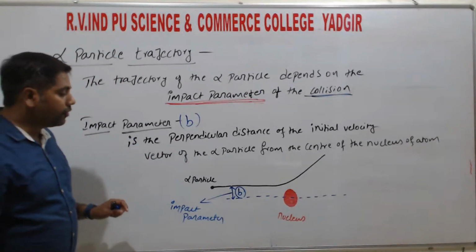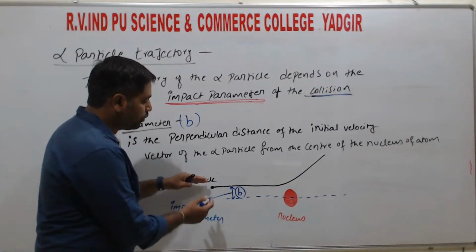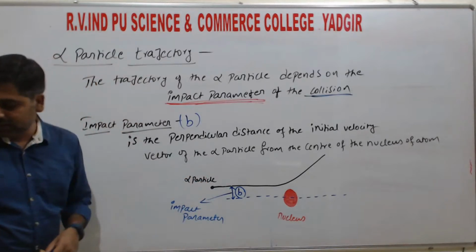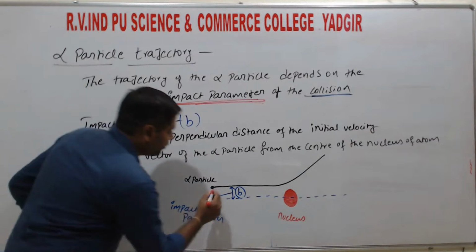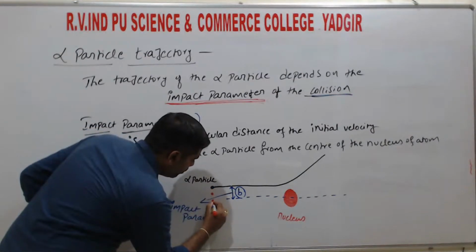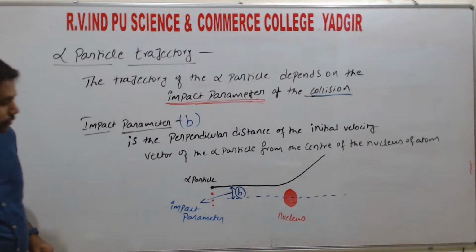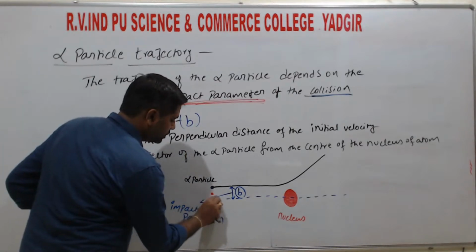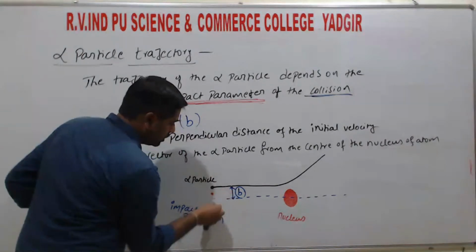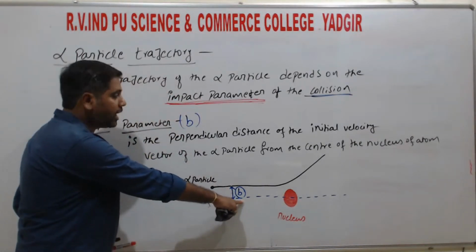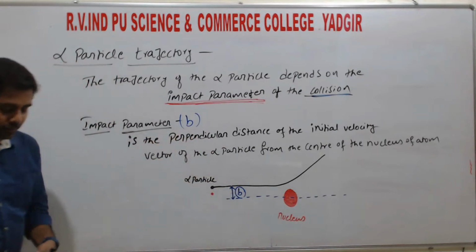right? So if we have a beam of alpha particles, right? So here if we consider one more beam of alpha particles, I will represent them in different colors. So impact parameter is denoted by the letter B, right?